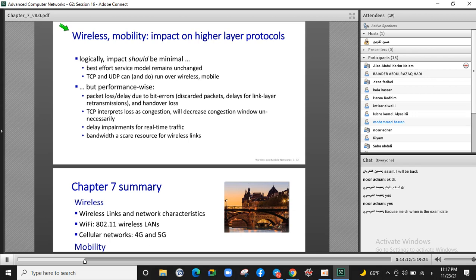If I lose the handover process, it means that I will lose the connection. I should start a new connection again in the new network, and maybe it will take some time.